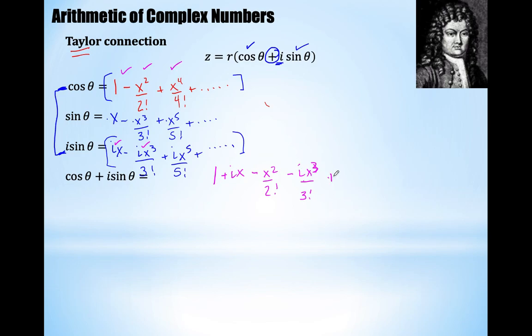plus x to the 4th over 4 factorial plus i x to the 5th over 5 factorial. And I could keep going, I would just keep going with each one of these. Wait just a second, though. Whoa. Now, I haven't multiplied by r yet.